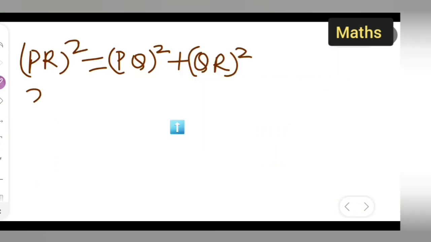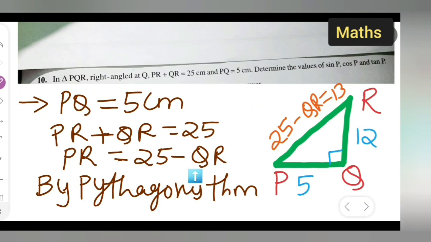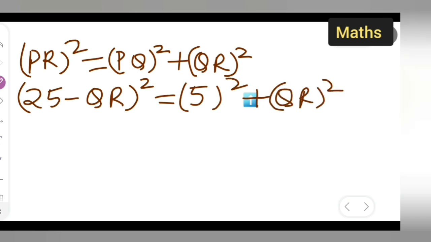So I can write down 25 minus QR, square it, because square is there over here, you all can see, then everywhere you all have to square. So PQ is nothing but 5, so write down 5 square. QR is not given, so you'll have to write it as it is, QR the whole square.